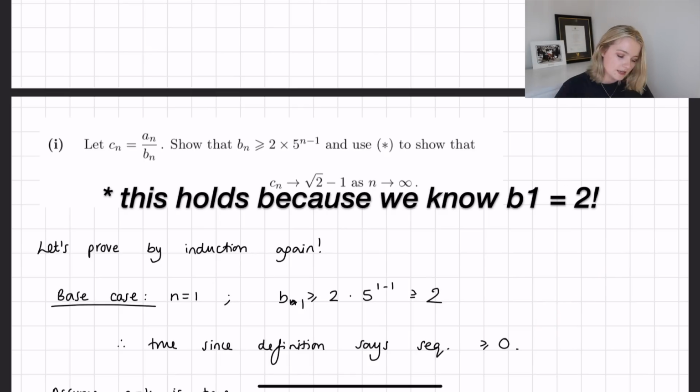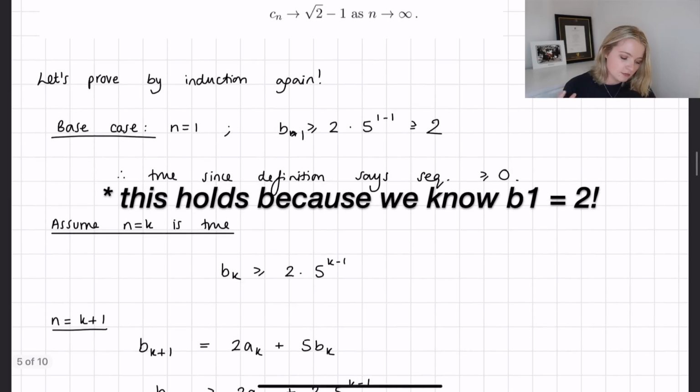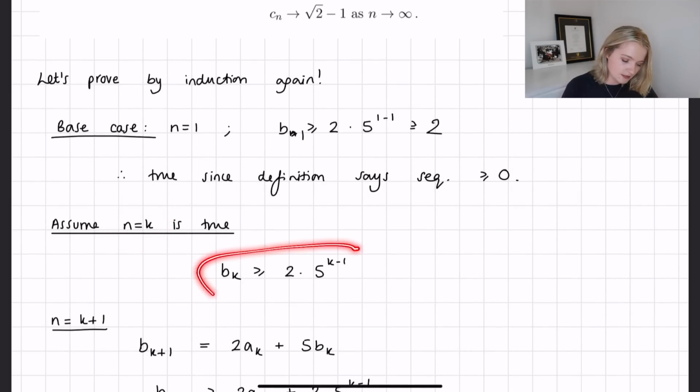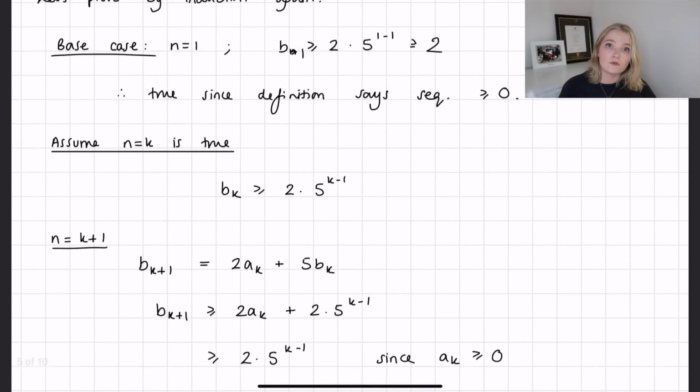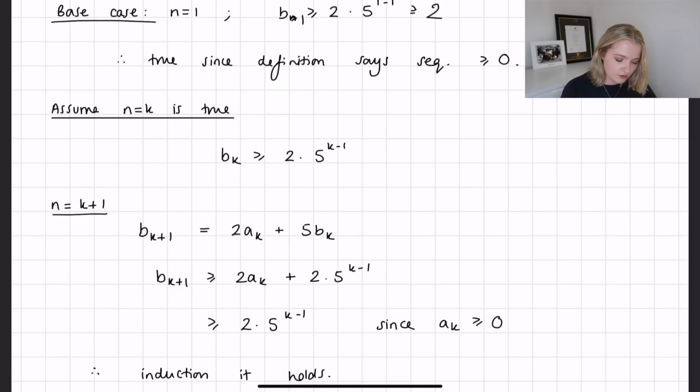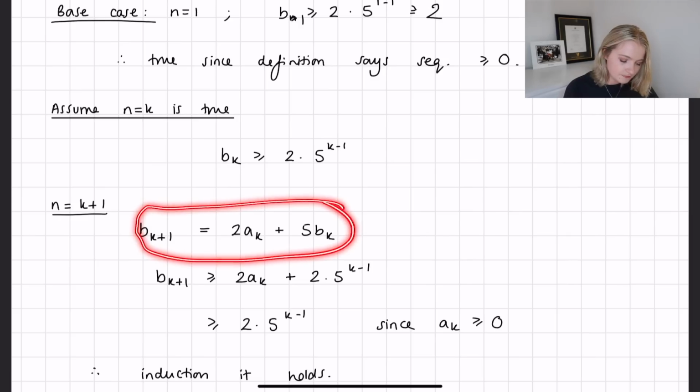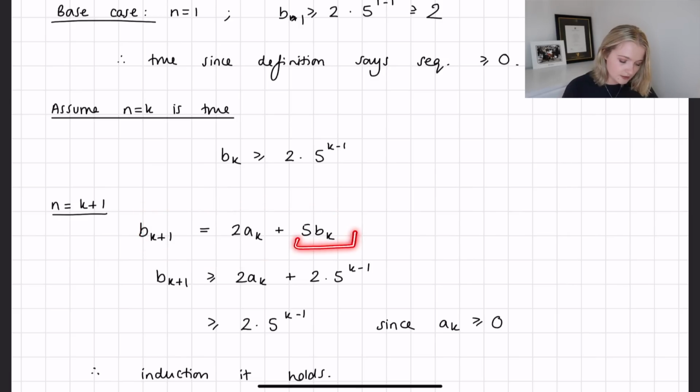Amazing. Now, the second part is just to assume that n equals k is true, and so we get this formula here. And then we consider the n equals k plus 1 case. We know from the earlier part of the question that this holds. And so we can substitute the value for bk, which is what we do there.